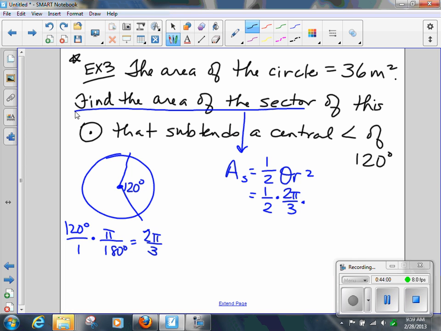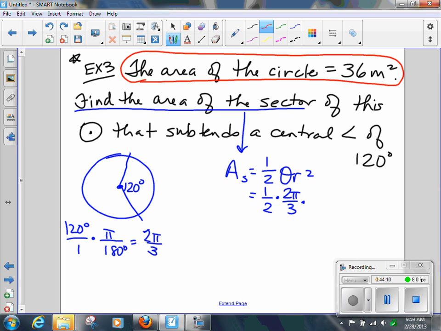I'm given the area of the whole circle. The area of the whole circle is 36 meters squared. Well, what's the formula for the area of a circle? What was it, Sapon? You told me earlier today. Pi r squared? Is that what you said? Okay. Pi r squared.